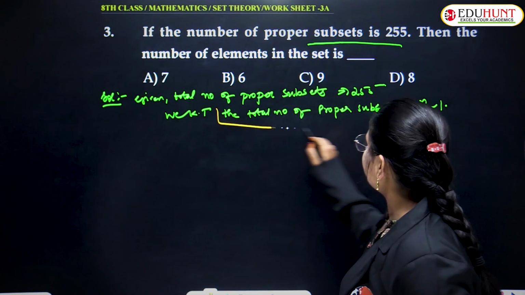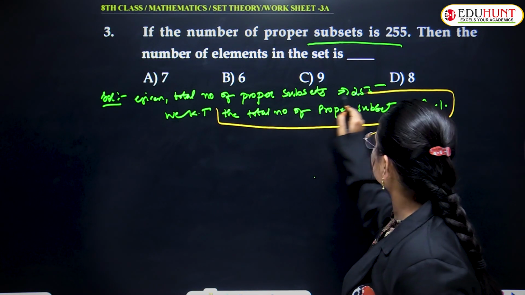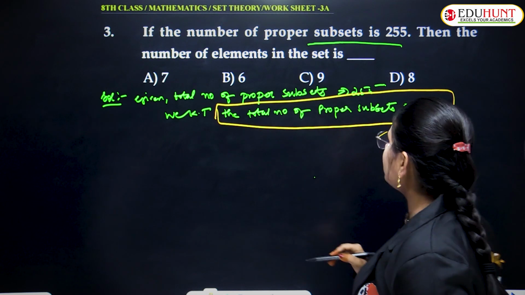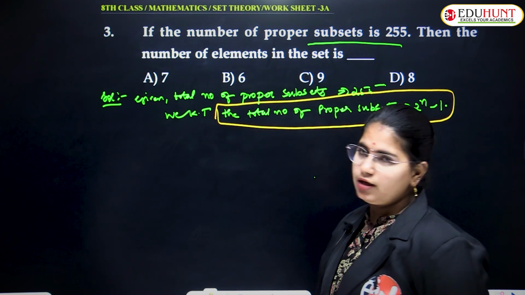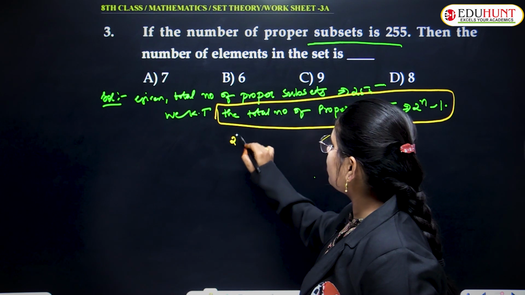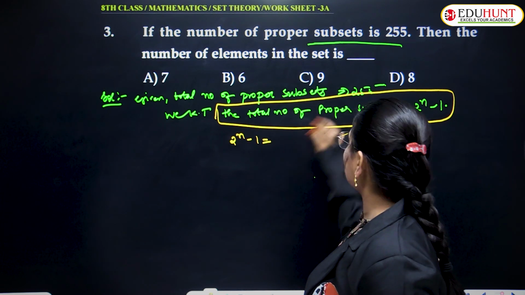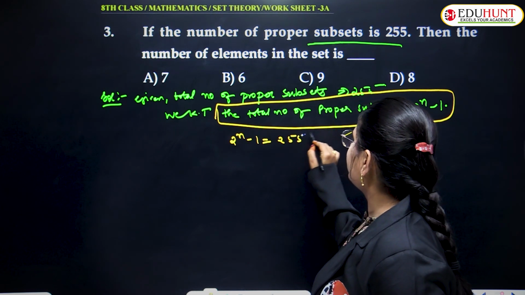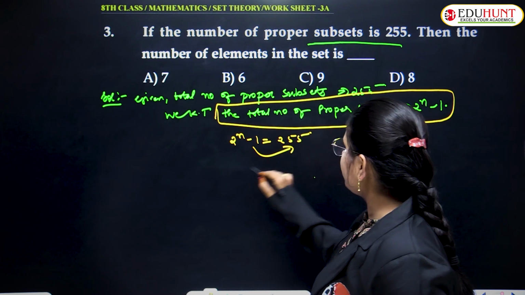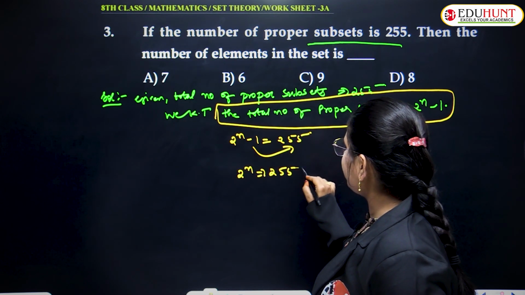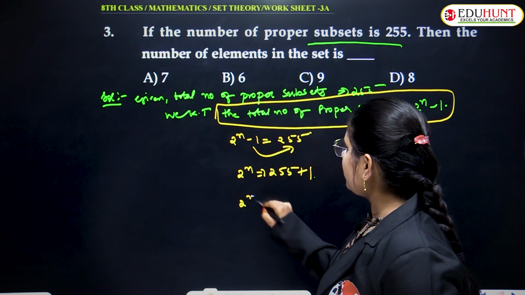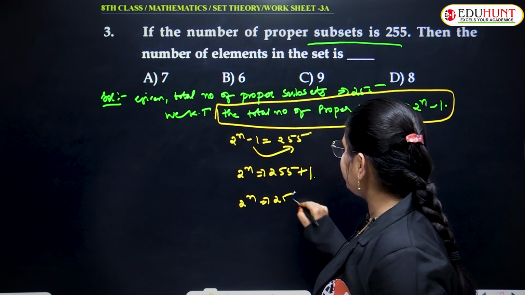I will highlight this in a box, please note it down. So we have 2 power n minus 1 equal to 255, which is given. Transfer the 1 to this side: 2 power n is equal to 255 plus 1. So 2 power n is equal to 256.